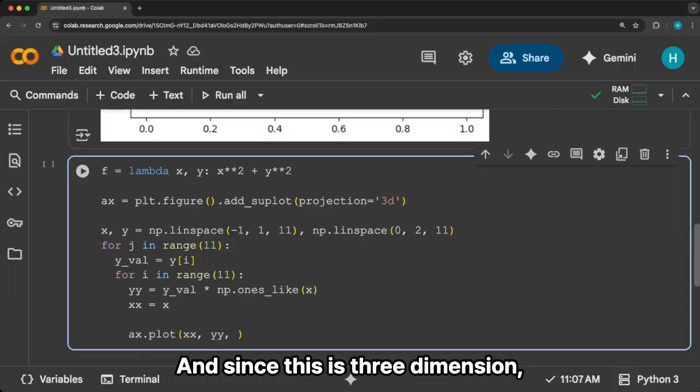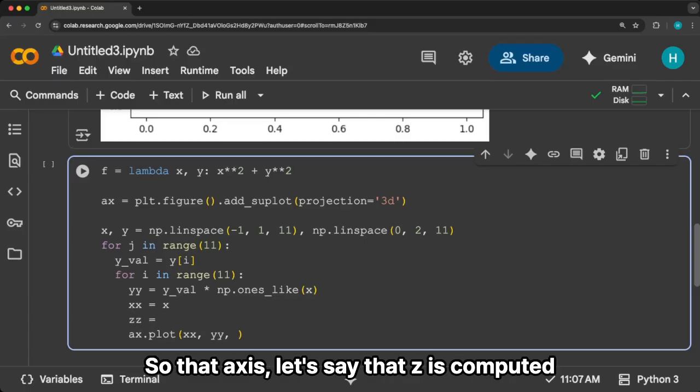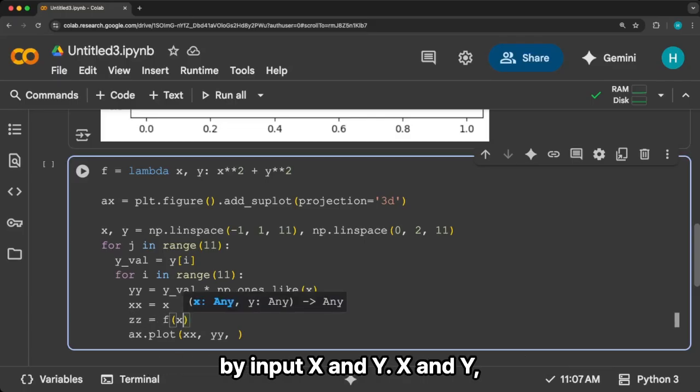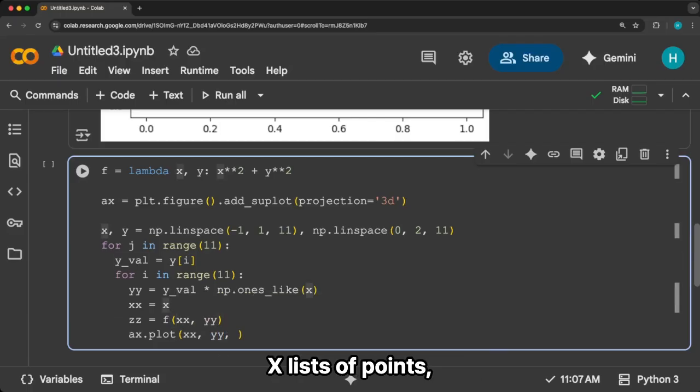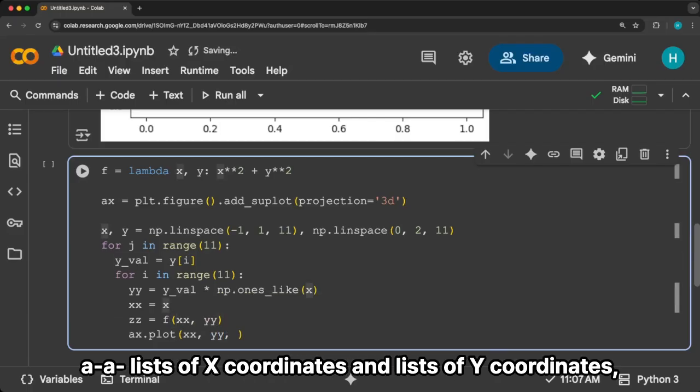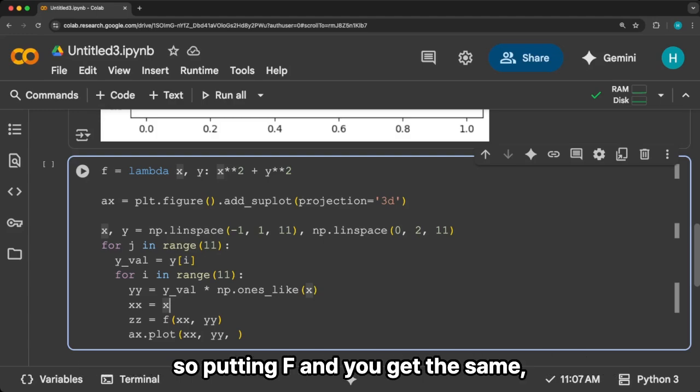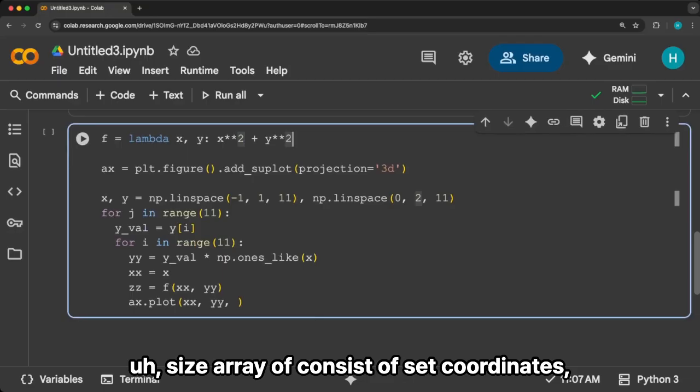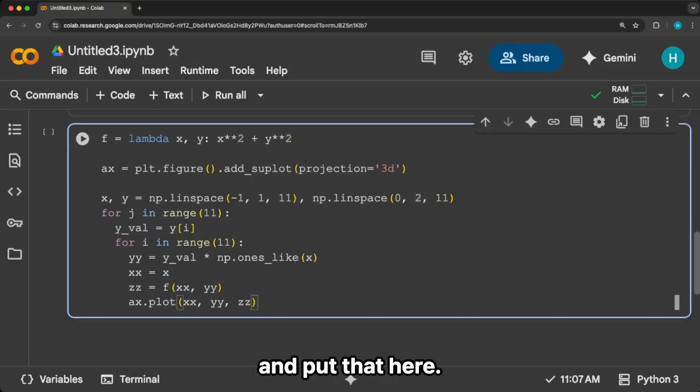Since this is 3-dimensional, it requires a third input, which is the array of z coordinates. So zz is computed by inputting x and y, the list of x coordinates and the list of y coordinates, into f, and you get an array of the same size consisting of z coordinates, and you put zz here.